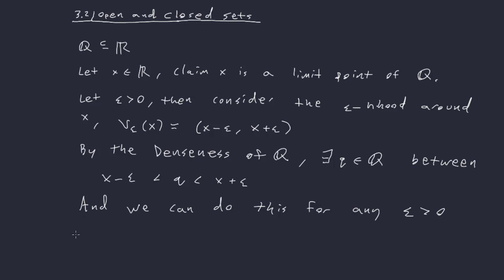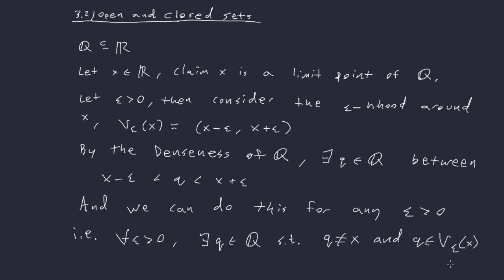Okay, so in other words, for all epsilon greater than 0, there exists a q in the rationals such that q doesn't equal x and is in the epsilon neighborhood around x.